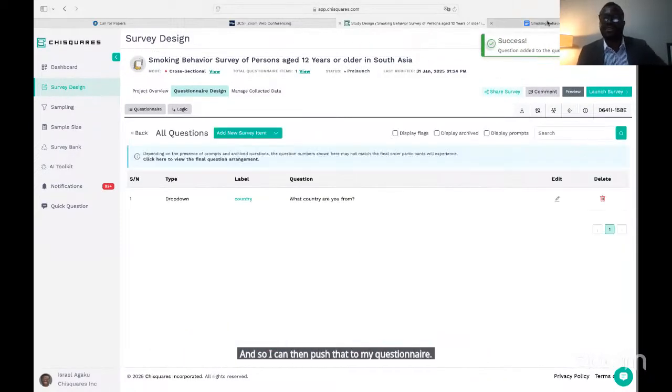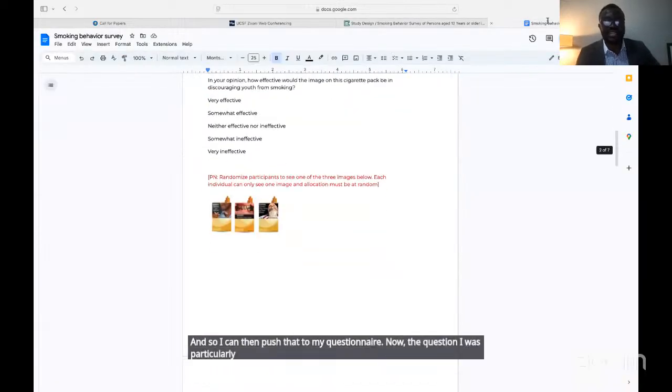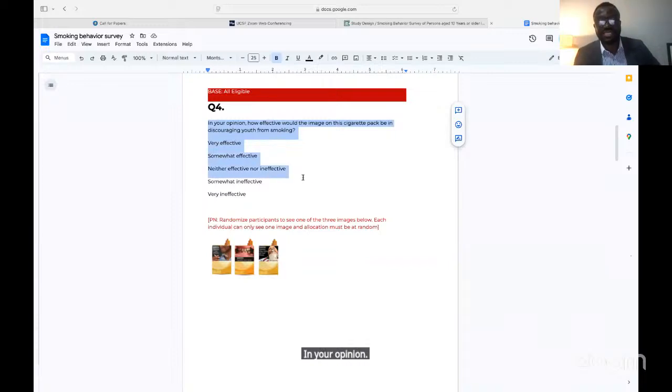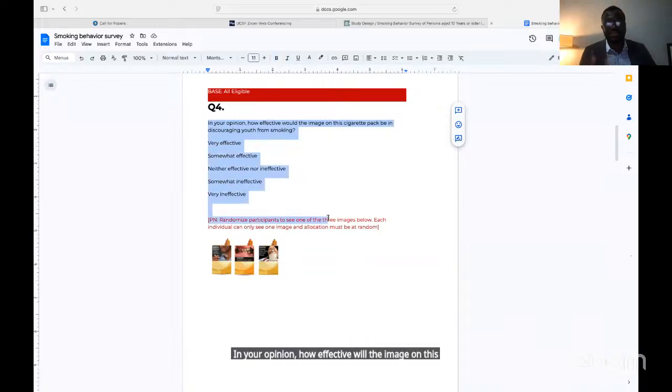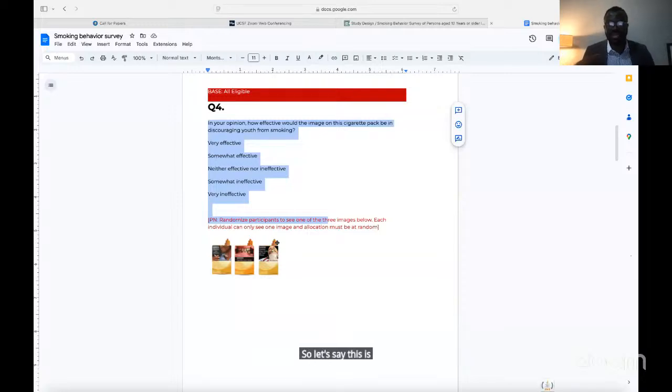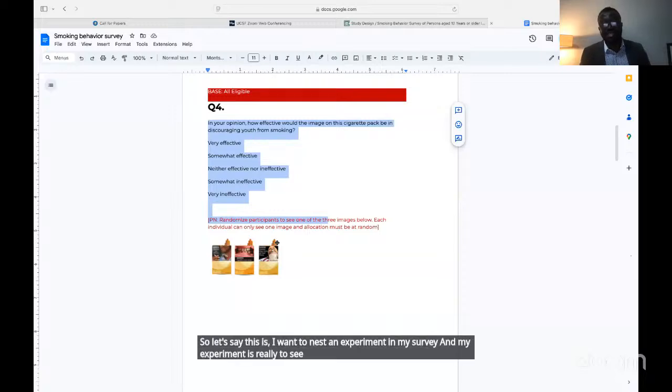Now, the question I was particularly interested in was this last one. In your opinion, how effective will the image on this cigarette pack be in discouraging youth from smoking? So let's say I want to nest an experiment in my survey. And my experiment is really to see how cigarette packaging elements influence risk perception.